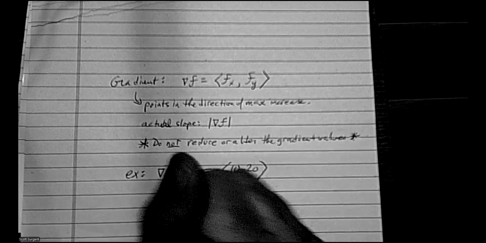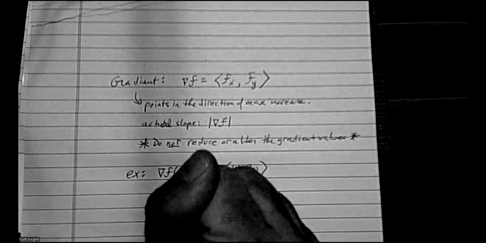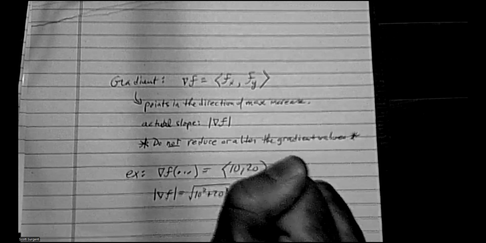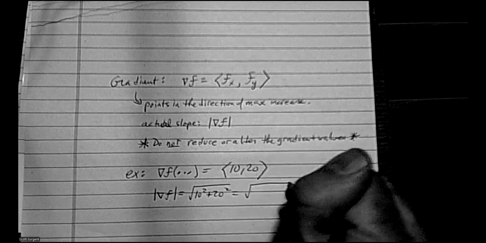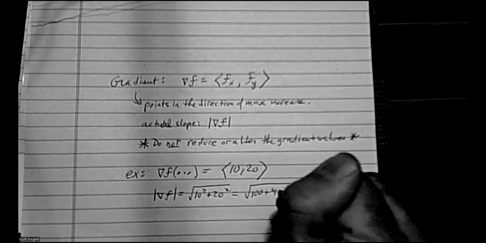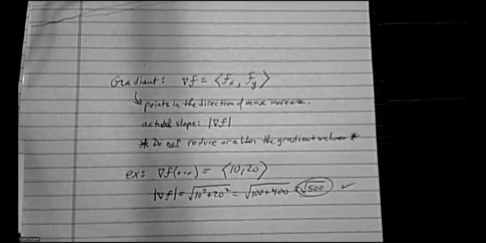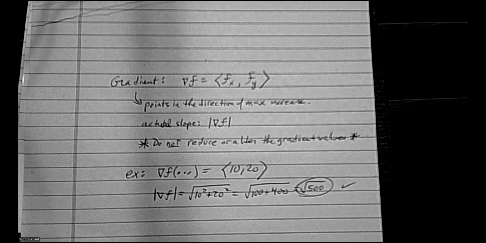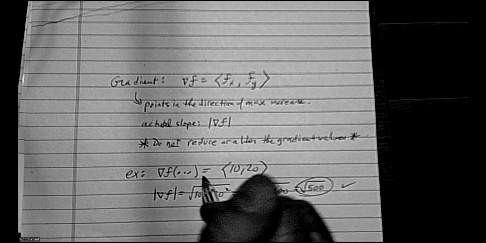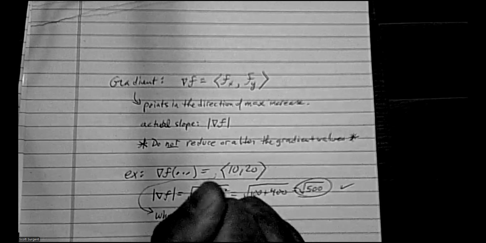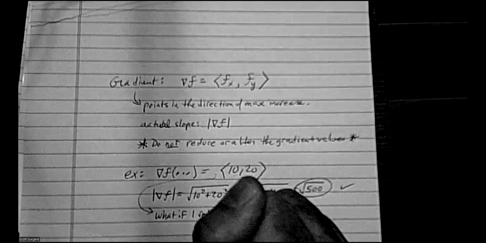So this is correct. Now, notice if I do the magnitude, I have to keep the 10 and the 20 alive. I can't change those. So I get square root 500. That is the answer. That would be the actual slope. Now it's tempting, so what if I reduce this?